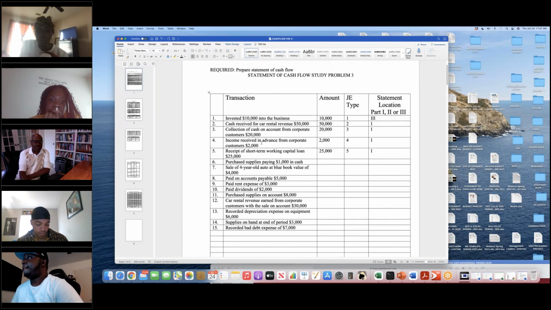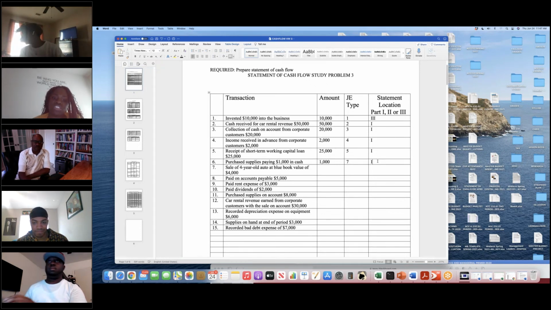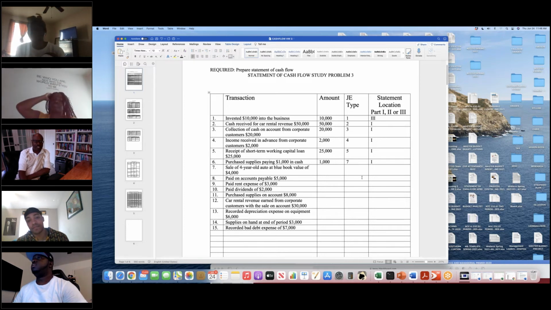Purchase supplies paying cash. The amount is 1,000. I put type 7, part 1. Sale of a 4-year-old auto at Blue Book value of 4,000.